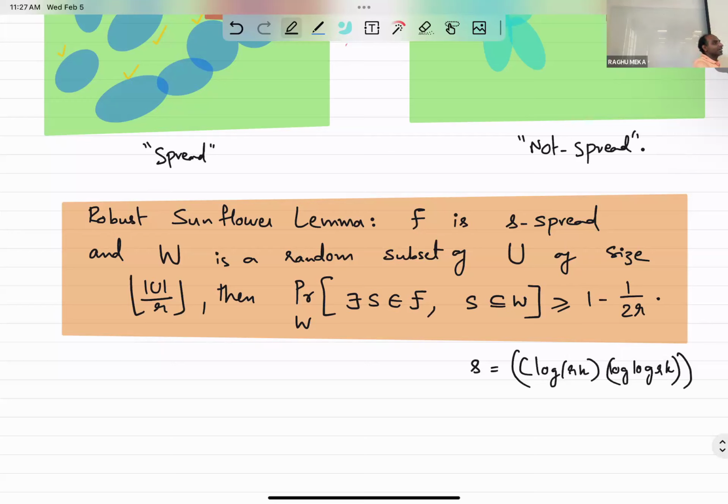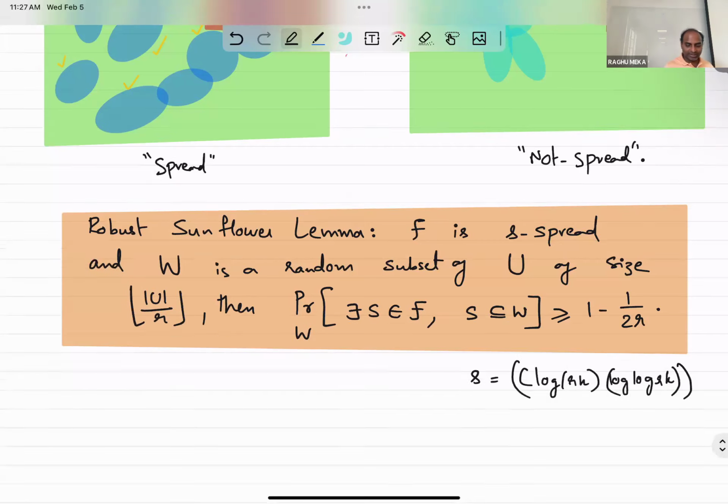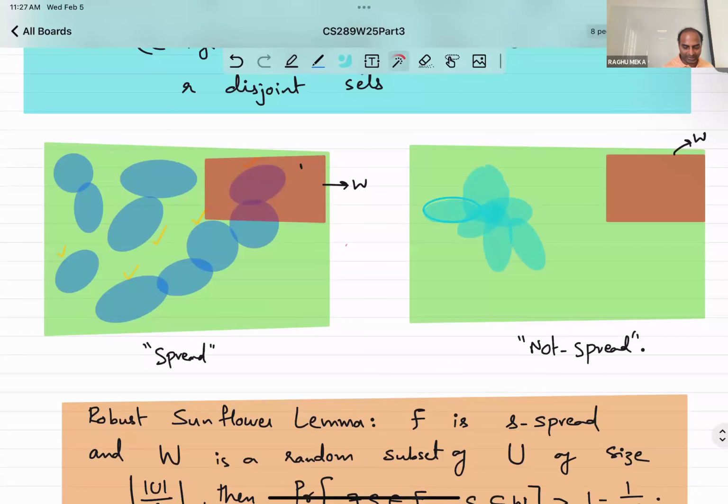As I said, we are going to go to the language of probability at some point, and this is where it's happening. Instead of looking for disjoint sets, I'm going to ask for something seemingly stronger, or even maybe unrelated in some sense. I want to bound the probability that if I throw a random set like this W here, I contain something in the family.